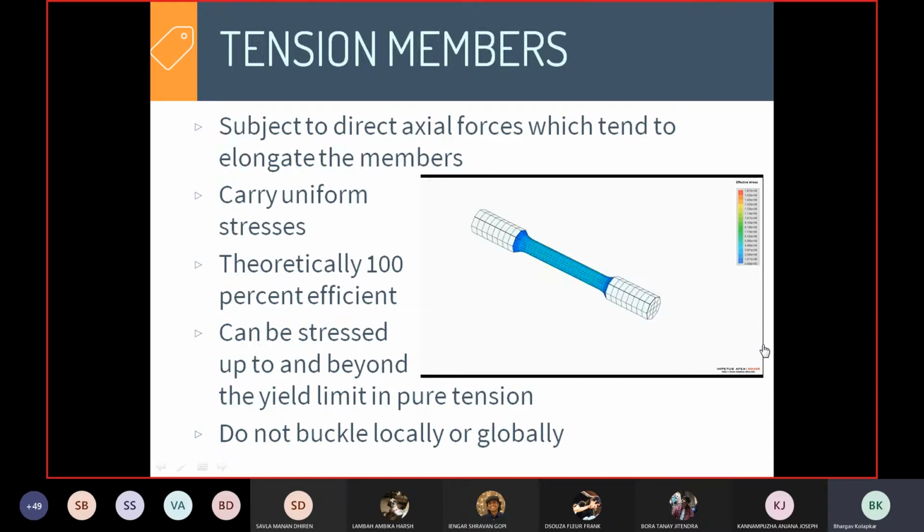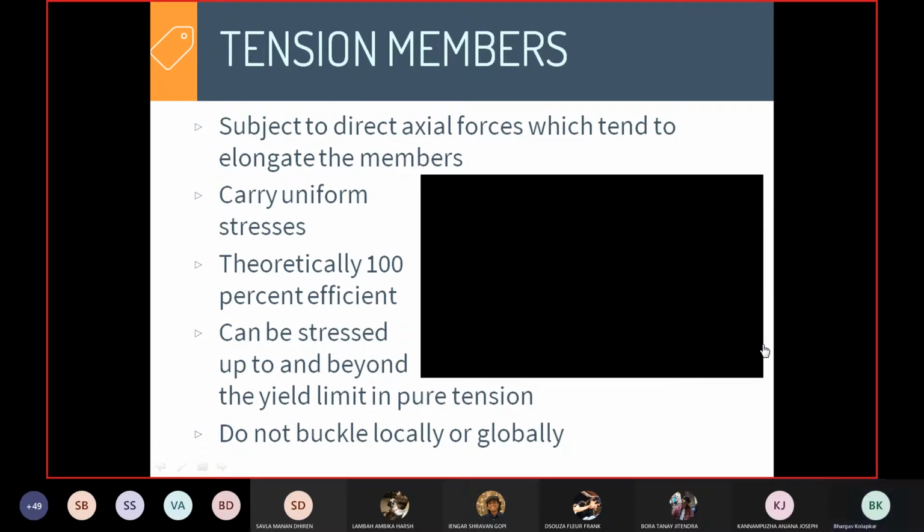Simple. Now, we also looked at the fact that these members carry uniform stresses, meaning that if I cut a section along a tension member, the entire section will have the same tensile stress, which is equal to the tensile force upon cross-section area. Now, theoretically, these members are 100% efficient. Why?